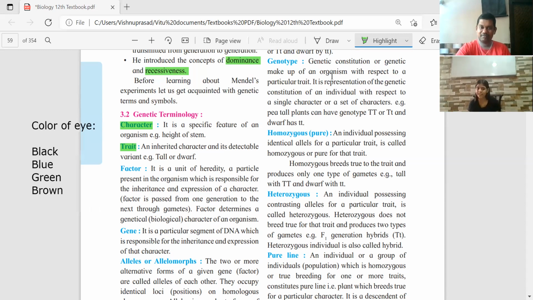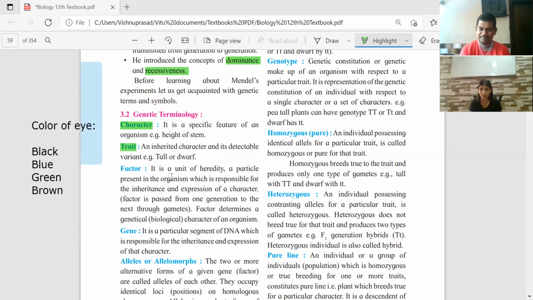So, similarly, one more example which is easy: blood group is a character. Every human has got a blood group, some or the other blood group, right? So if blood group is a character, what are the possible traits?